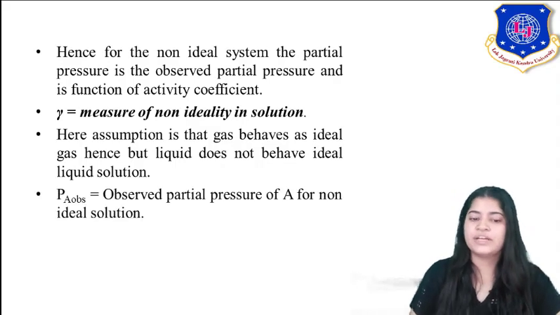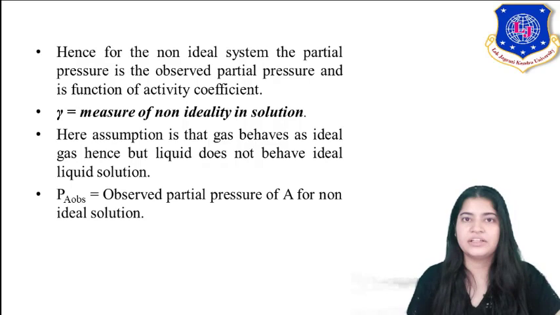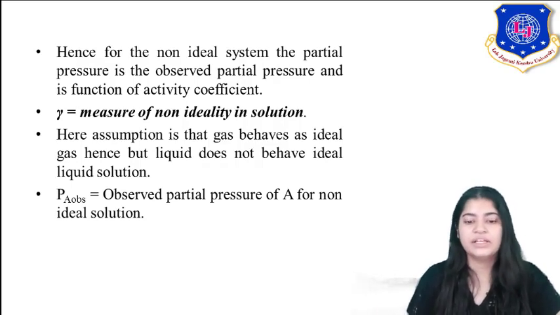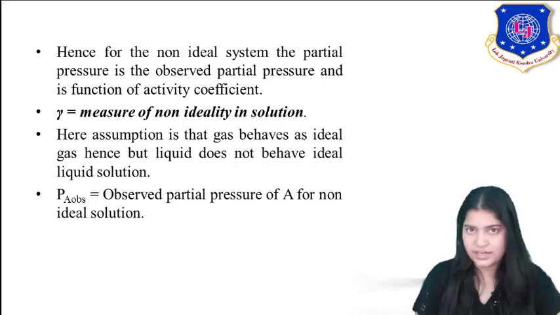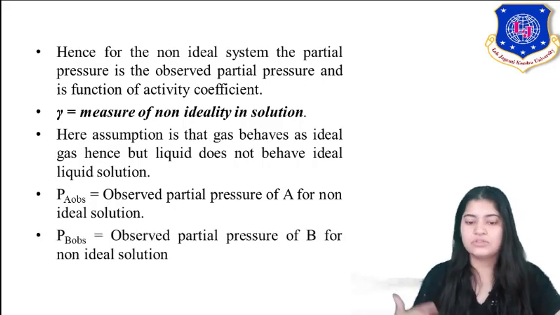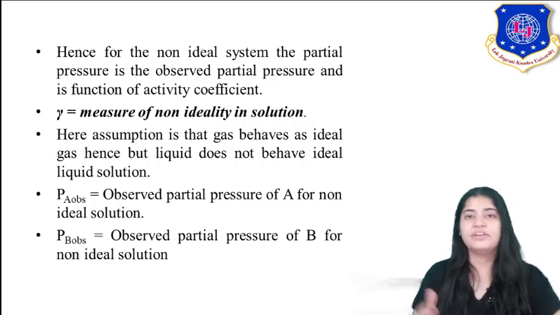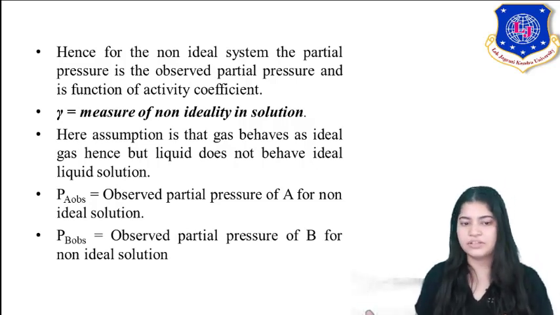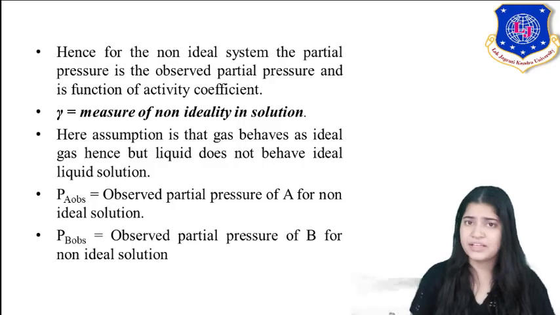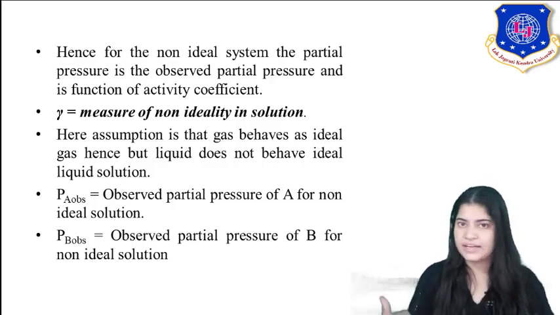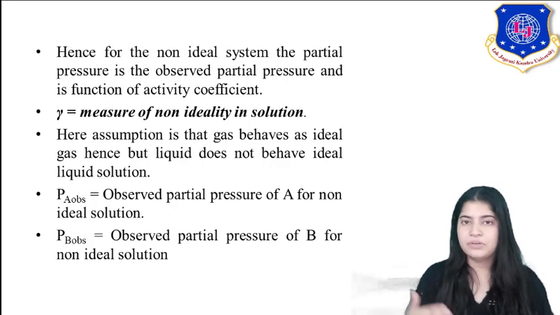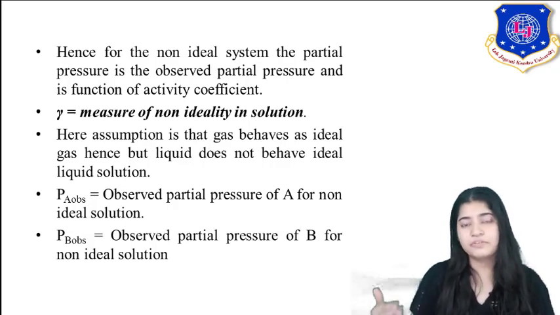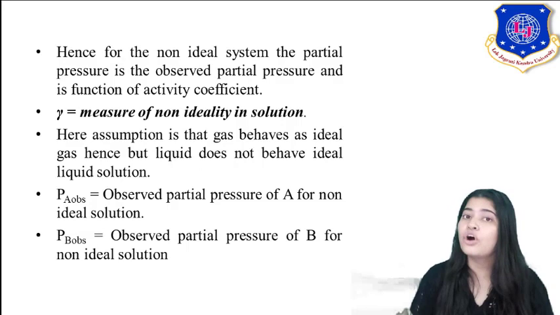So we are giving certain terms. Here PA observed is the observed partial pressure of A for non-ideal solution. Similarly, PB observed is the observed partial pressure of B for non-ideal solution. We are differentiating the terms here. Once more, gamma is your measure of non-ideality in solution, and PA observed and PB observed are the observed partial pressures of A and B for non-ideal solution.